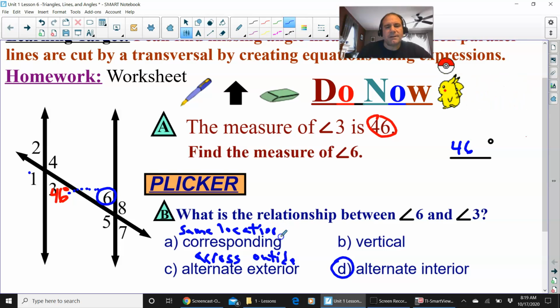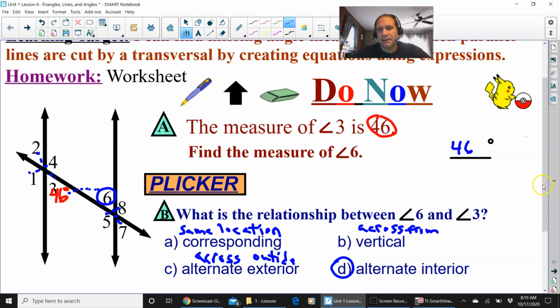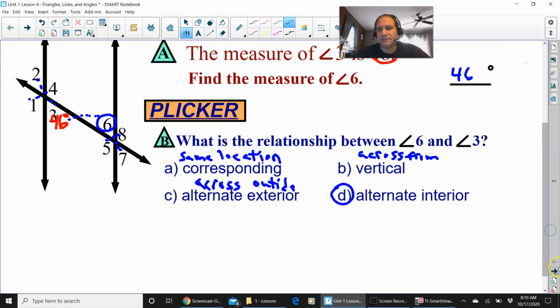All right, corresponding angles, corresponding sides. Vertical angles are just across from. They're across from each other, so 1 and 4, 2 and 3, 5 and 8, and 6 and 7. And that is basically it.